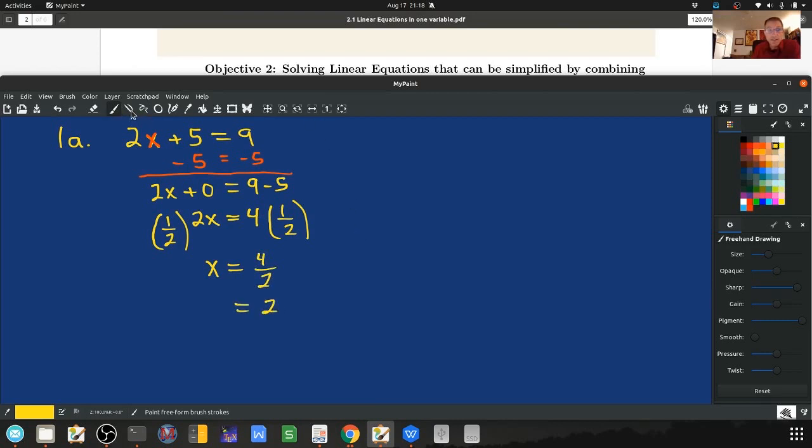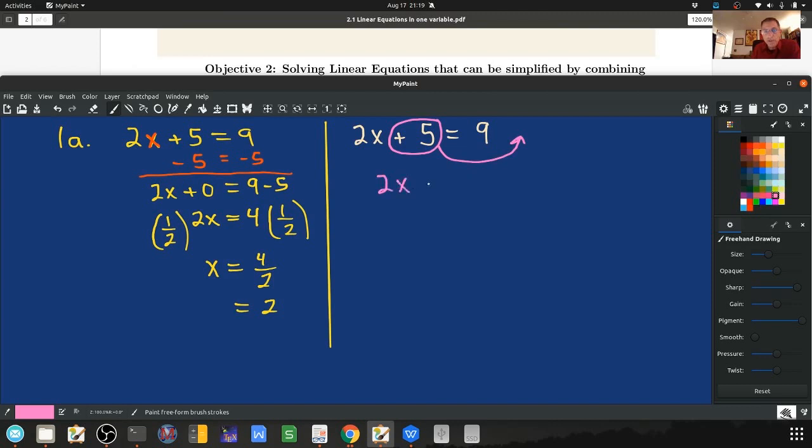In general, that is not going to be the way I do it. There's an easy theorem, or something that we can easily prove, by the addition principle of equality. If I want to move a term, like the plus 5 term, to the other side, I can do so, but I have to pay a price for doing so.